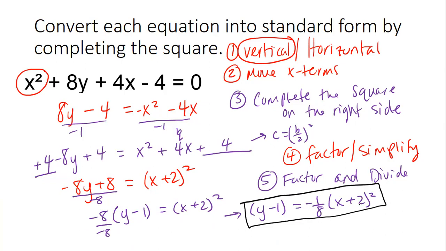Now I'm in standard form. Can you tell me my vertex? Yes. What's my vertex? Other way. -2, 1, right? Yes.